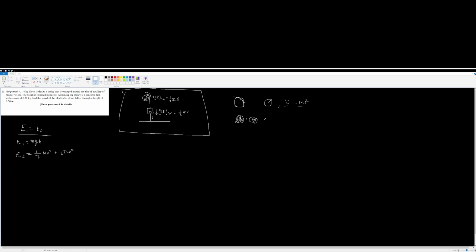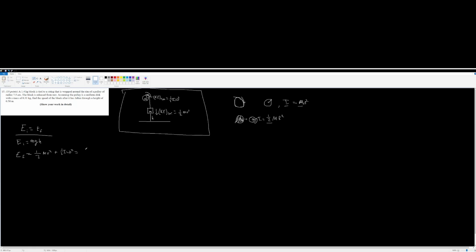We have more mass being rotated around here, and this should be a capital M to differentiate it from the block. They worked this out. You'll get this on a formula sheet. You don't need to know how to derive this. But for a solid disk, I equals 1/2 times M times r squared. So we have this coefficient of 1/2 out front to account for the mass that's all around.